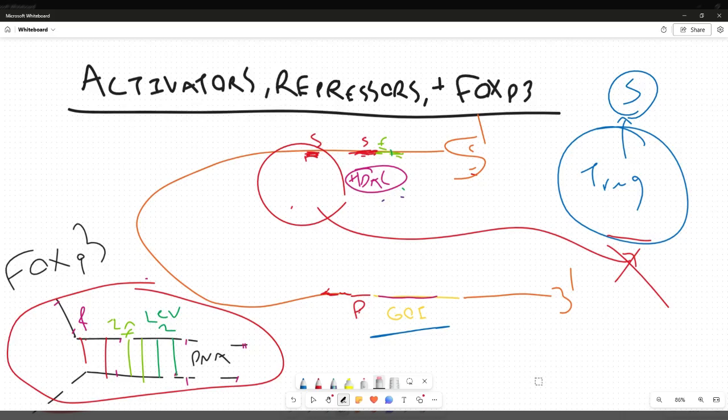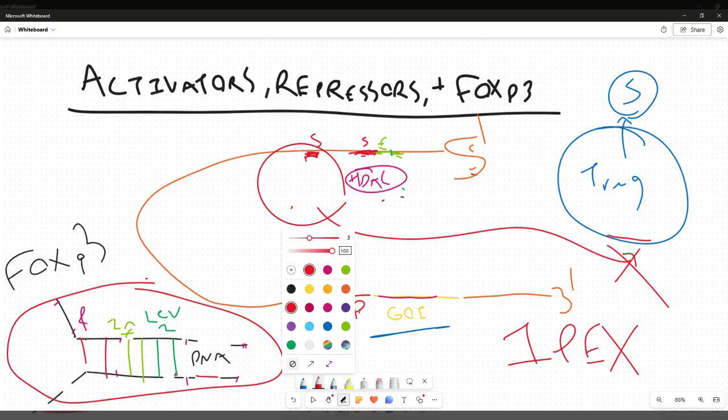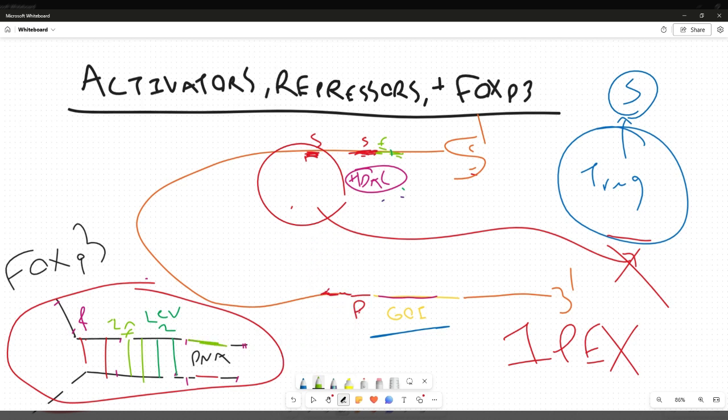So let's see. IPEX syndrome. But yeah. So again, when we're talking about, is it a silencer or an enhancer? I made it sound kind of arbitrary which side it lands on. It's a little more complicated than that. It depends on, okay, well, what is the cell like? Are other signals telling me, okay, I need to make suppressor proteins?